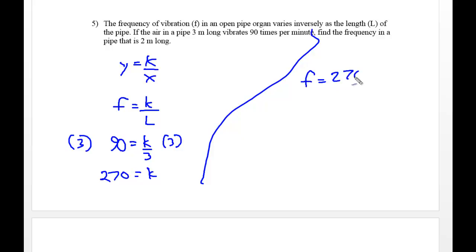The frequency is 270 over L, and this actually brings about the concept that if you have a longer pipe, you're going to have a lower note.